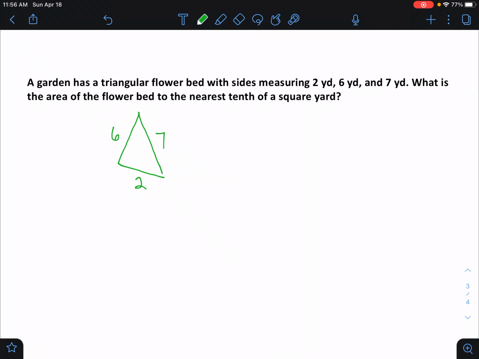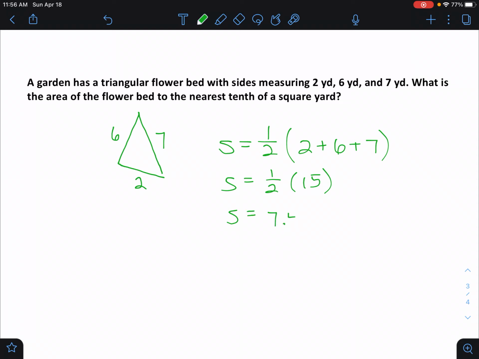And now the first thing I want to do is find my half perimeter, so that's S. So I'm really just going to go S is equal to 1/2 times 2 plus 6 plus 7. And so this is a half of 15, so that's 7.5.